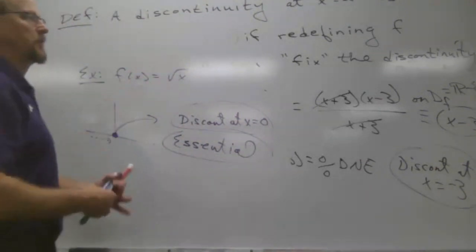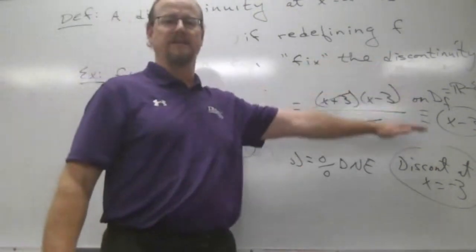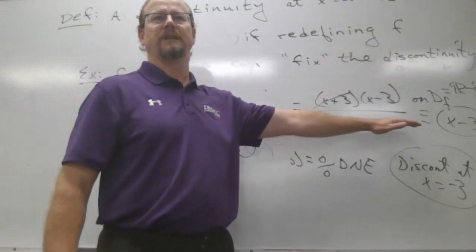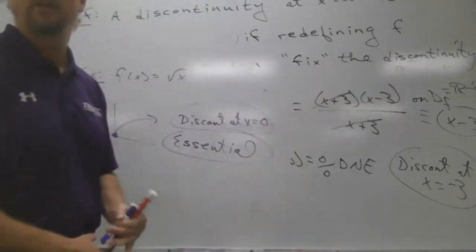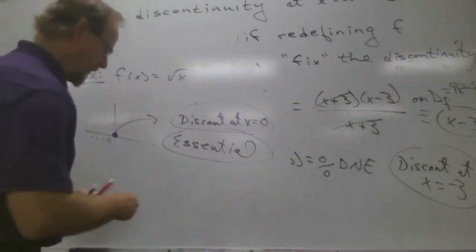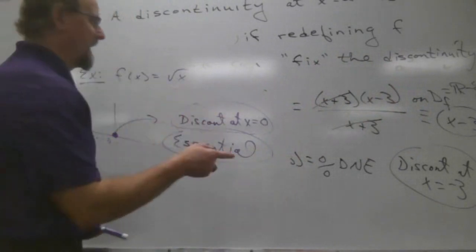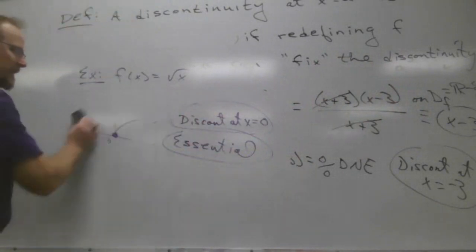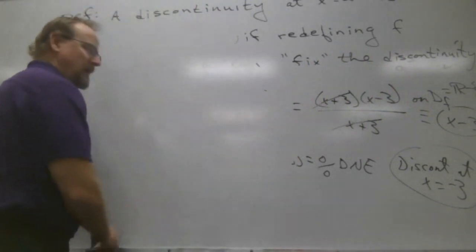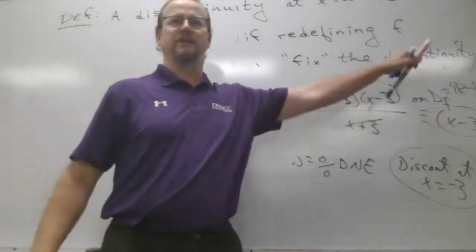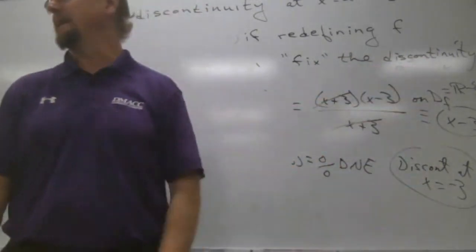And then we got to do some algebraic manipulation. Really, it's limit theory, right? We want to know what the limit is, and then if we can redefine it so it actually equals that, because remember, for continuity at a point, you got to be defined there, and the limit has to exist, and they have to be equal. So basically, it's just a matter of doing all the manipulation tricks that we had before, trying to figure out what that limit is.